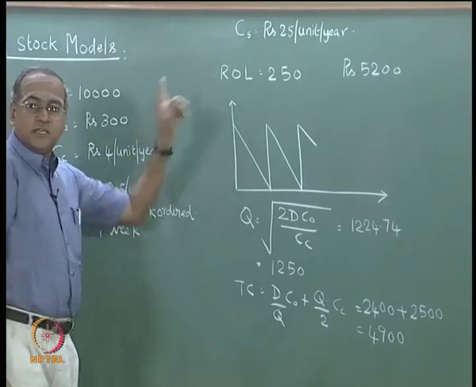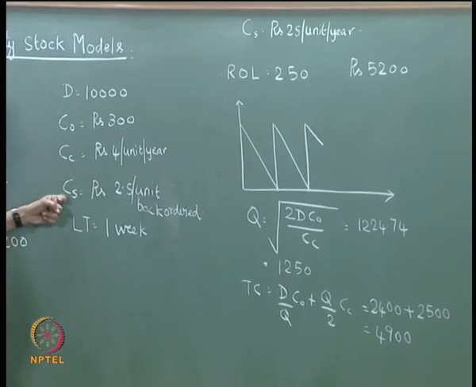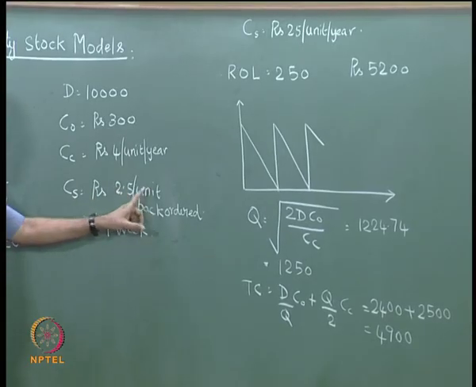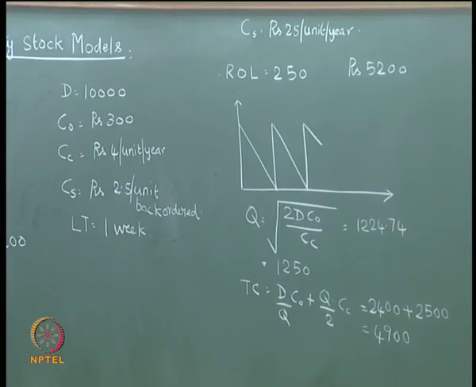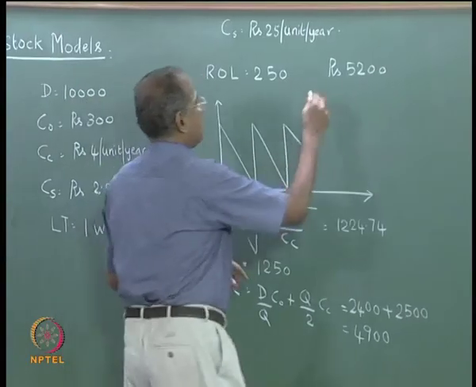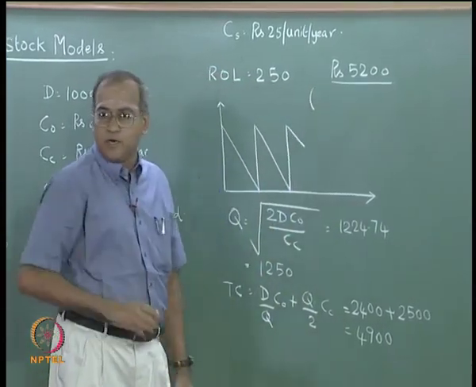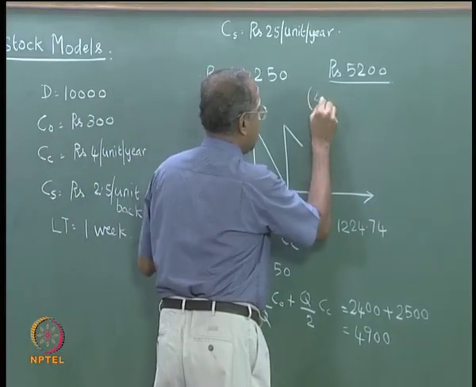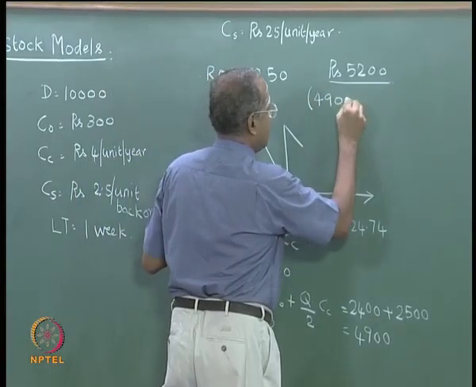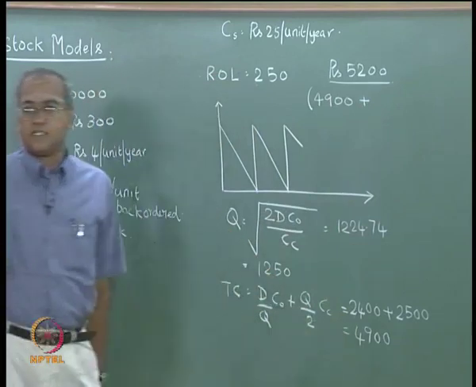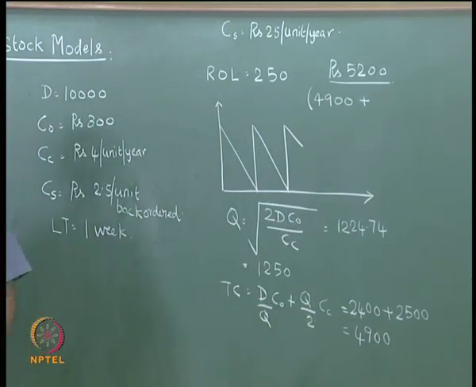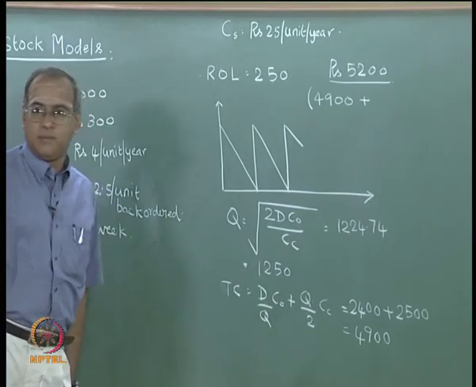In this computation, we also assumed that the shortage cost was rupees 2.5 per unit back ordered, and we explained that this total cost of 5,200 could be split into 3 components. The first is 4,900, which is the cost of the cycle inventory of Q by 2 into C c plus D by Q into C naught, which came from here.